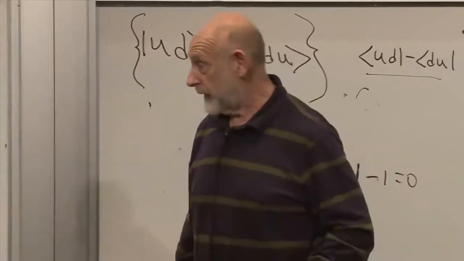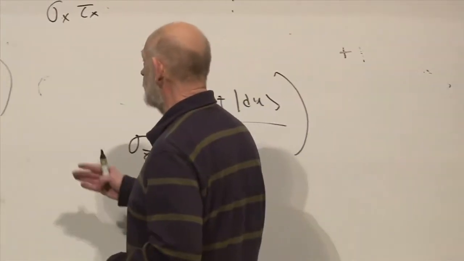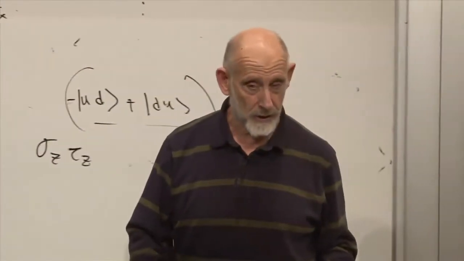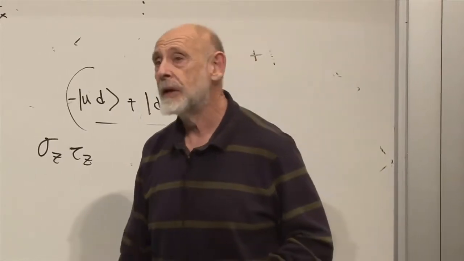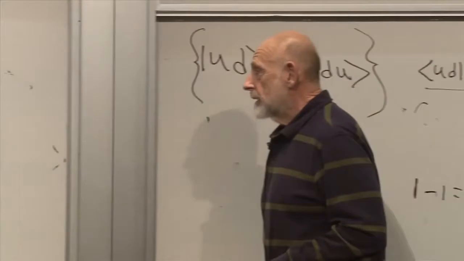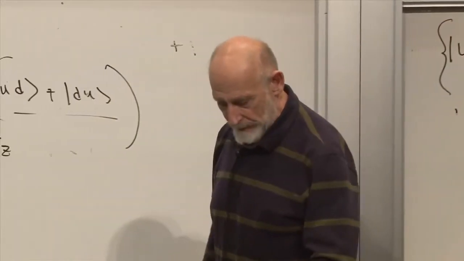So the expectation value is minus 1. Nevertheless, the expectation value of the individual sigma z's and tau z's is 0. All right, so this is beginning to get some of the flavor of what an entangled state is.